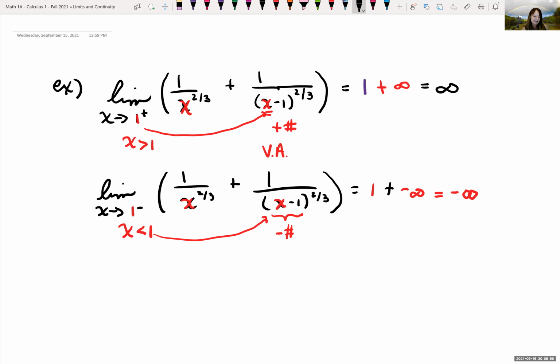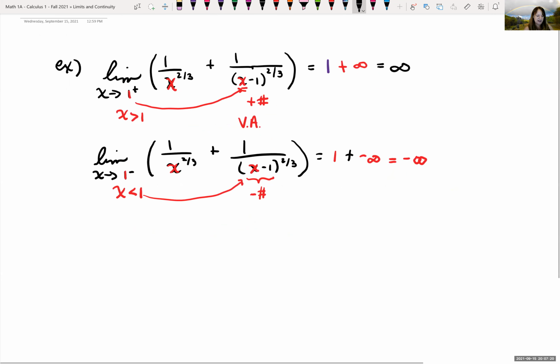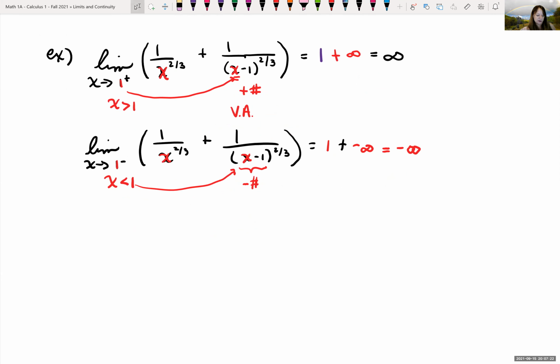Same sort of idea when we go in and we look at the other problem spot. I can see that I'm going to have a vertical asymptote, whatever sets my denominator equal to 0, but not also my numerator. And so if I look at my first fraction, I'm going to have a problem with x equaling 0. And so we can look at the limit as x is approaching 0 on the left and the right and see what's happening at that vertical asymptote.